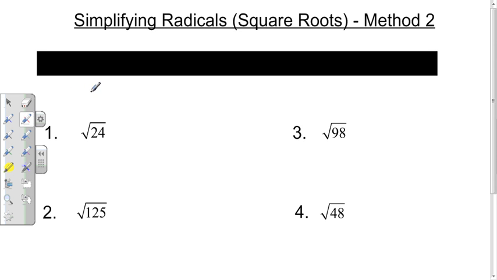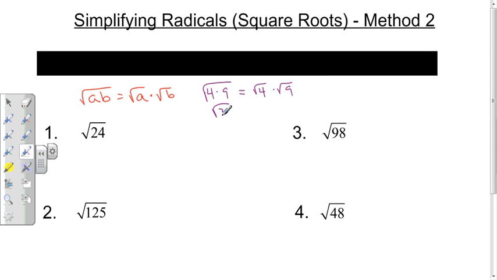Now let's combine that with this idea: if you have the square root of a product, it's equal to the product of the individual square roots. We can see this is true. What's the square root of 4 times 9? Is that equal to the square root of 4 times the square root of 9? This is the square root of 36, which is 6.